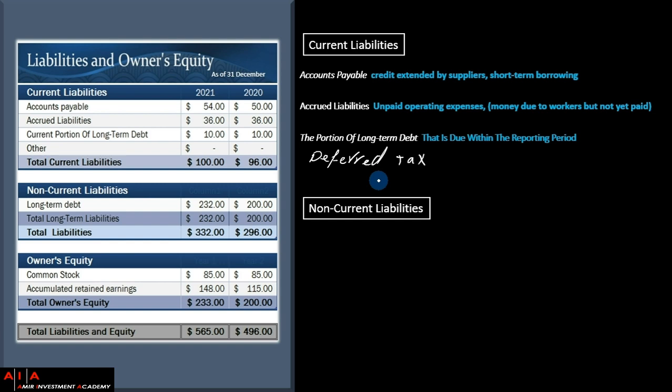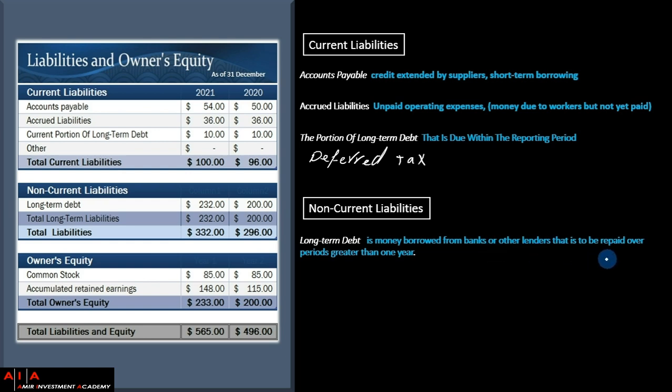Okay, let's move on to the non-current liabilities. And here we most likely have long-term debt, which is money borrowed from banks or other lenders that is to be repaid over periods greater than 1 year. The name itself is pretty self-explanatory, right?